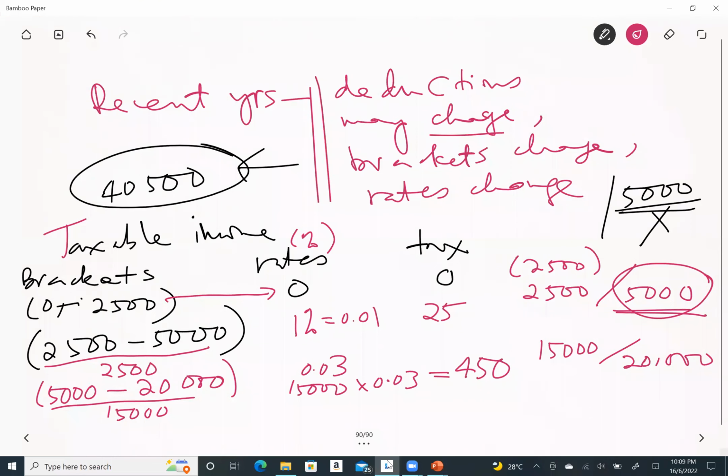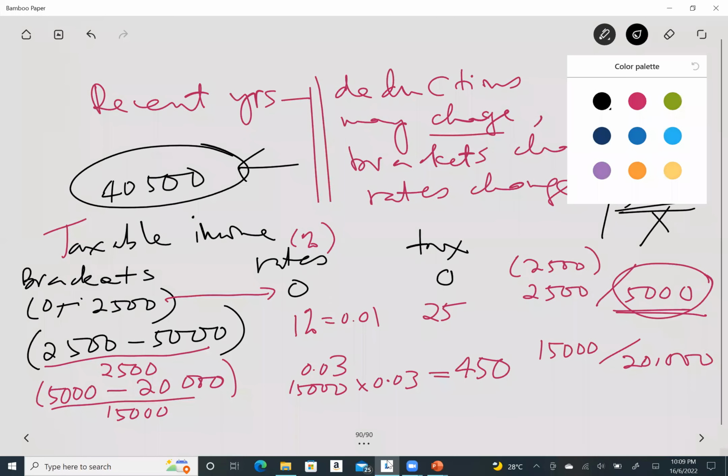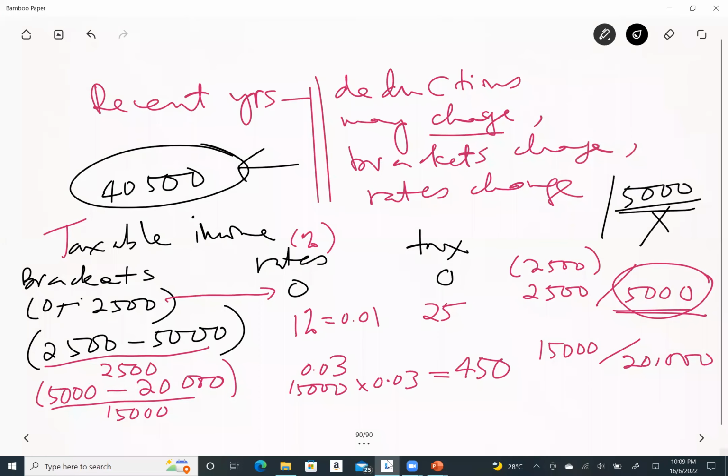Okay, so now we know already. You compute until the last bracket for this income level. Okay, finish it up.